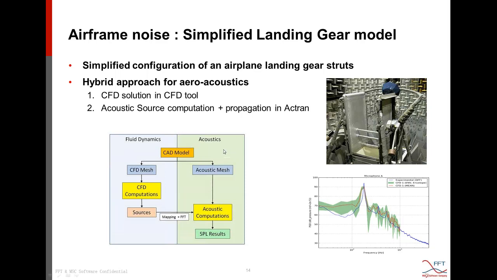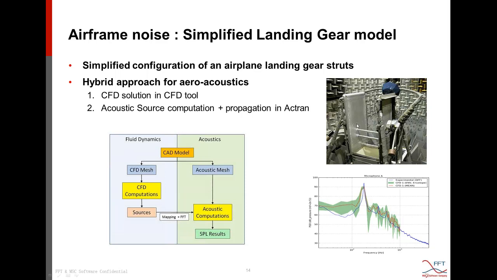And Actran will read the CFD result and transform the flow result into acoustic sources using an acoustic analogy technique. So basically, we are using the Lighthill analogy, or the Mohring analogy for high Mach number problems. And the propagation is done in Actran.